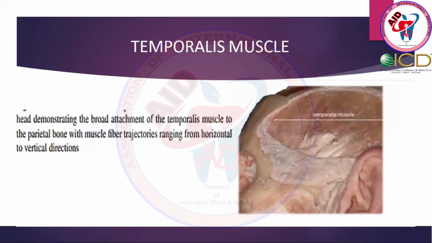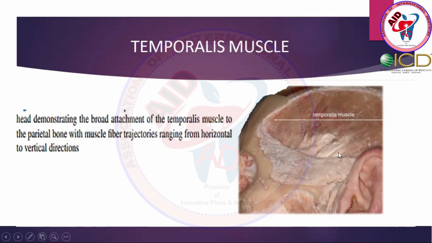But when you elevate the whole fascia and you see the temporalis muscle, it is so big that it covers approximately the whole lateral aspect of the side of the head. So it is very important, horizontally and vertically, a big muscle.